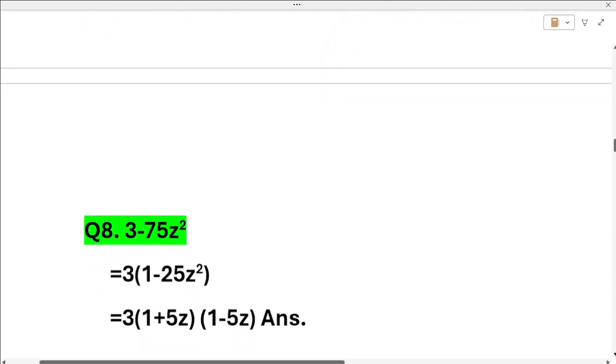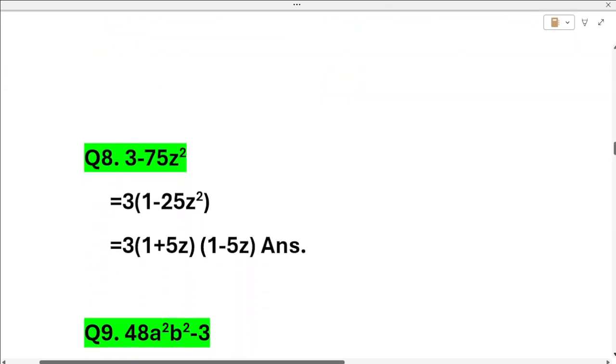Come to question number 8. It is given 3 minus 75z square, correct? If you see this question, it is not very obvious.